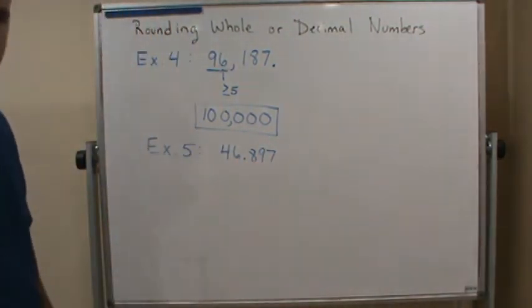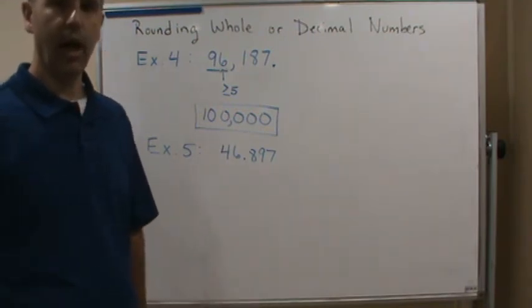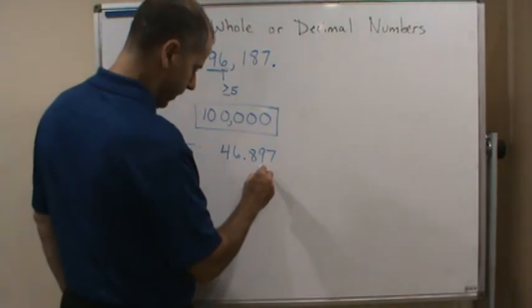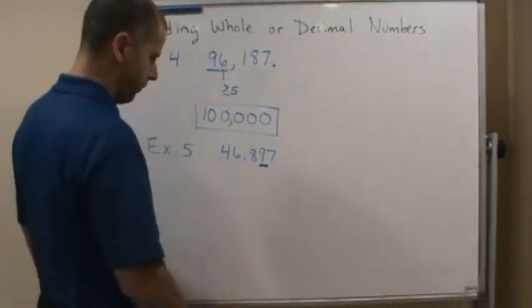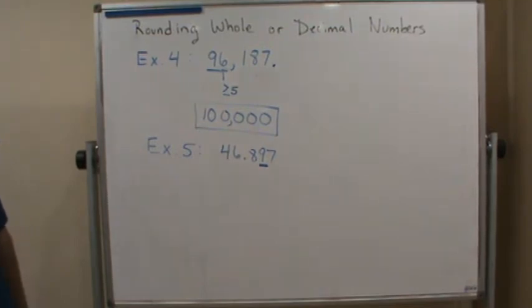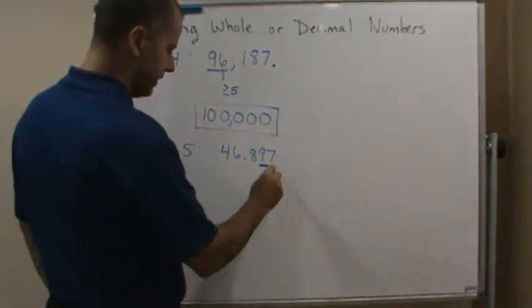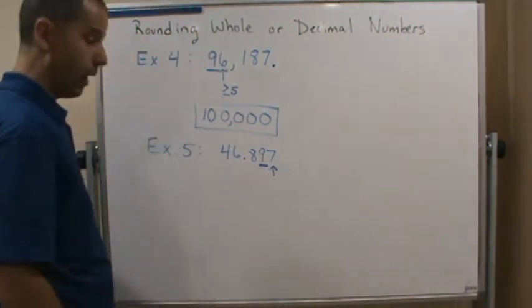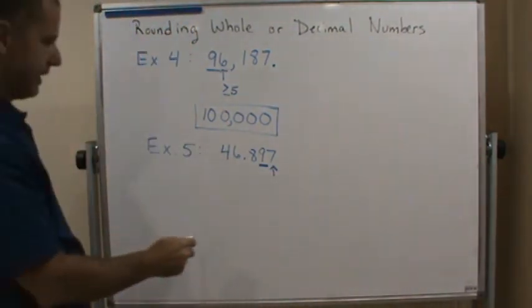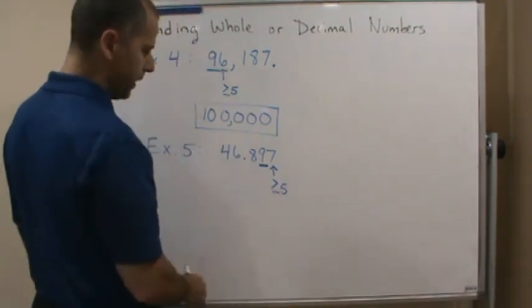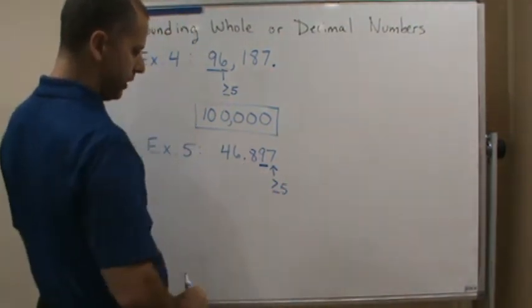And we want to round this number to the nearest hundredth place. That's going to be this one right here. Now, we look at the digit to the right, and in this case, it is greater than or equal to 5, which means we're going to add 1 to the 9.